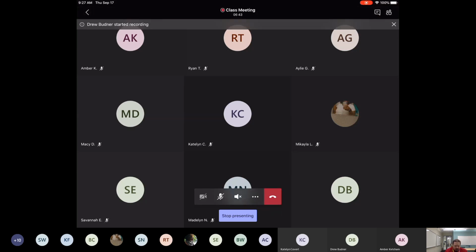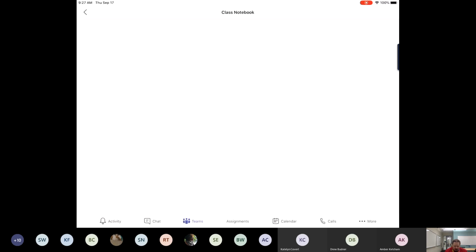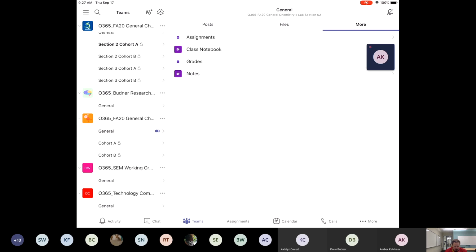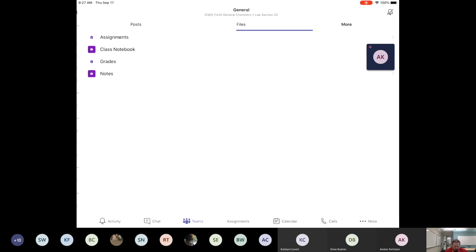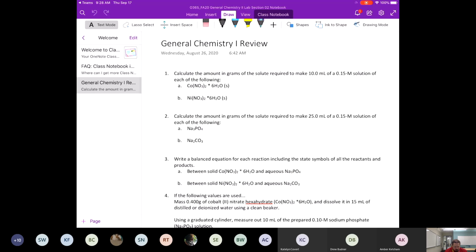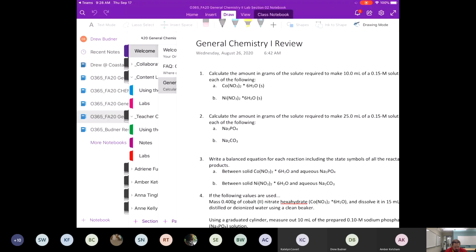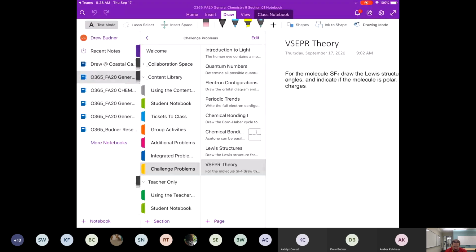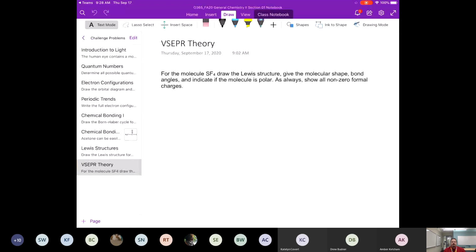All right, so let's go and look at the class notebook. We're going to look at this. We want to draw the Lewis structure for CF4.